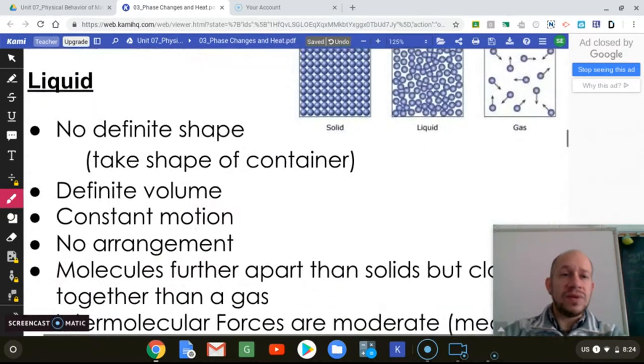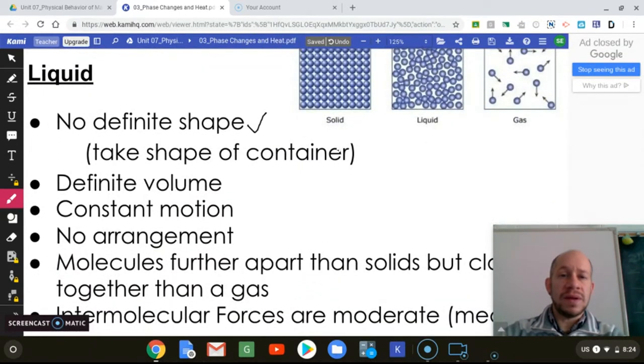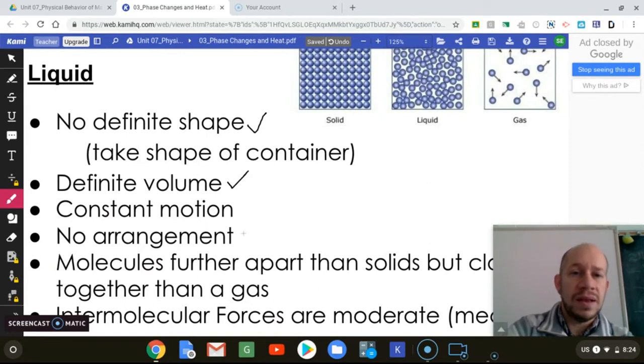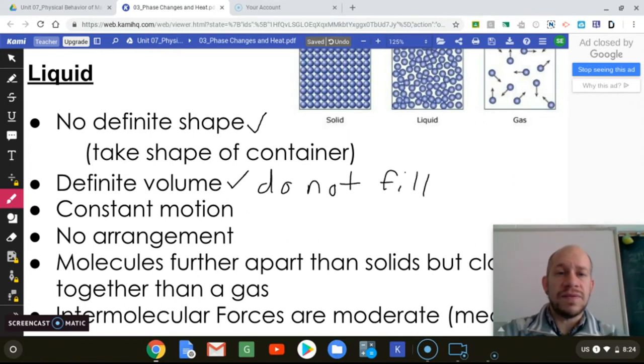Liquids have no definite shape. They take the shape of the container, but they have a definite volume, which means they do not fill the container. So if I were to remove some liquid from my sample, it would not fill the rest of that volume.